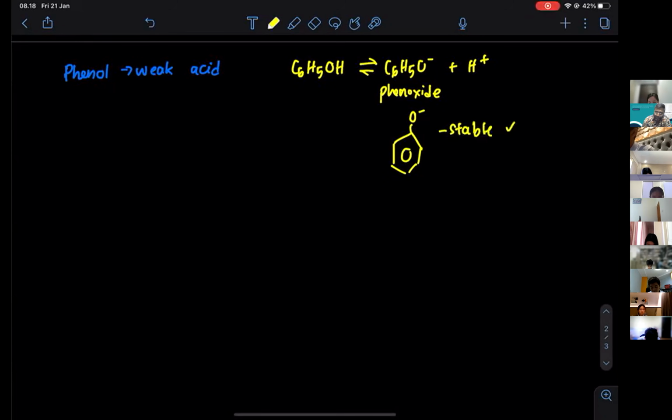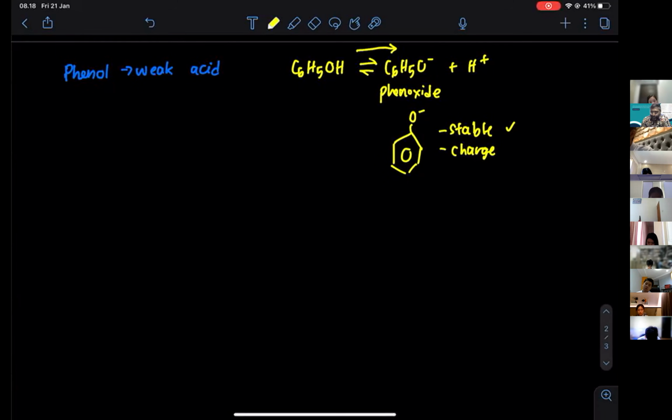When they overlap, that makes this phenoxide ion more stable. There are two ways to tell. One is that it is more stable, making the reaction go more towards forming the phenoxide. Or another way to look at it is that the overlapping of the electron makes the negative charge spread.